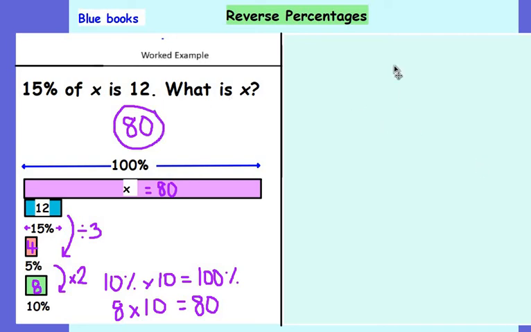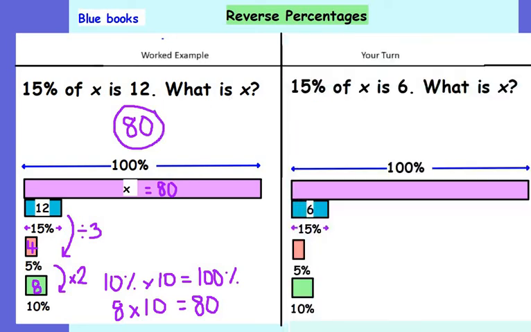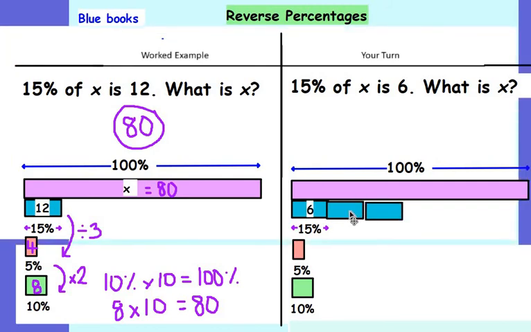Over to you, Year 7, in your dark blue books. Have a go at this example for me. Pause the video, have a little think. Right, let's chat it through. Again, I can't just multiply that 15% by a whole number to work out 100%.